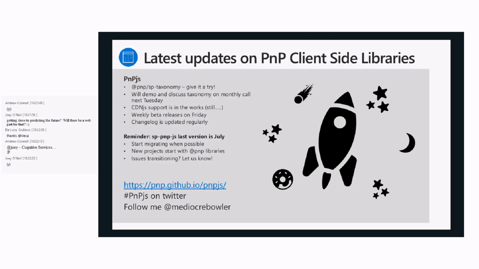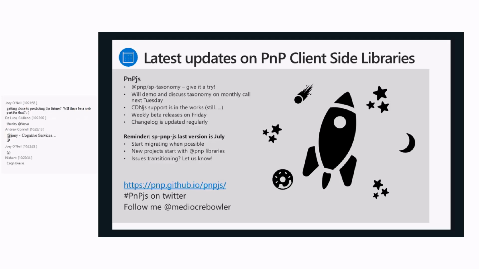Do please check that out. Give us some feedback. I think it's a great addition to what we're doing, and I'm excited to have finally released it. I kind of was teasing it for a little bit. And we will have a full demo of that on the community call, which is next Tuesday, the monthly PnP community call. So you'll be able to see that in action.